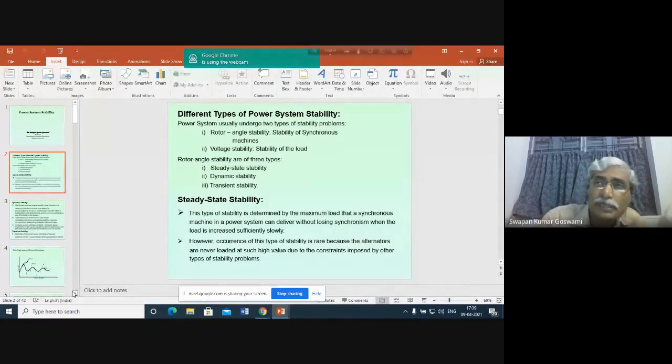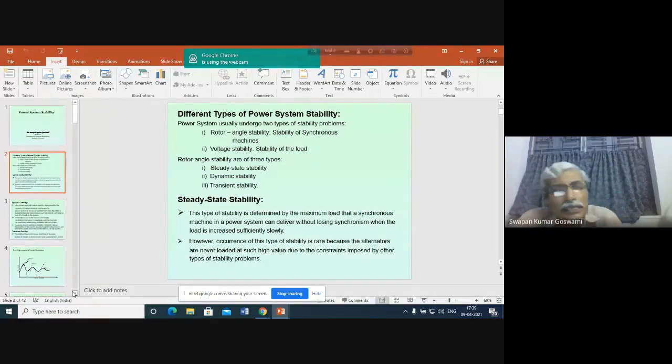It becomes a problem of maintaining the synchronous operation of the power system, and that problem is called the problem of stability. That means power system stability is the ability of the system to maintain synchronous operation. This was the older definition.